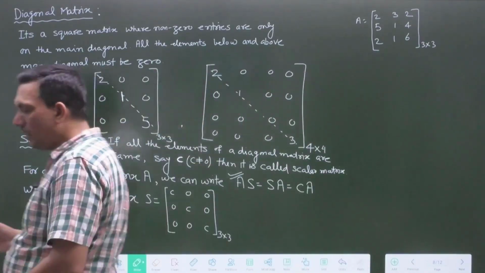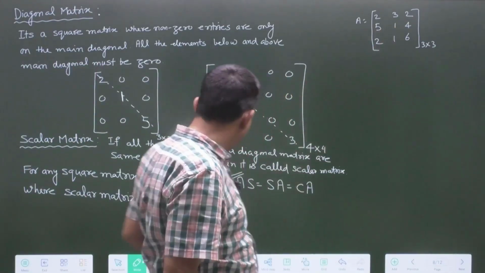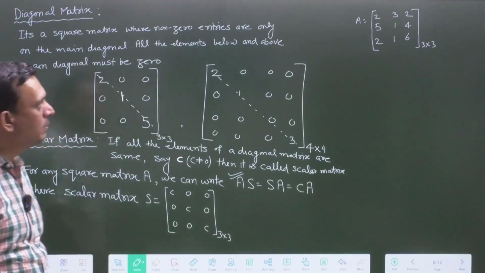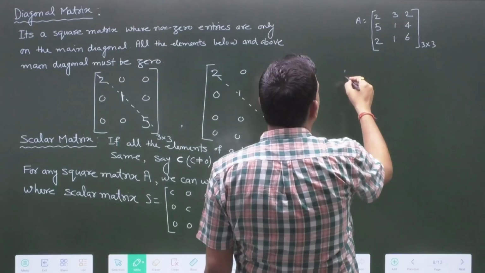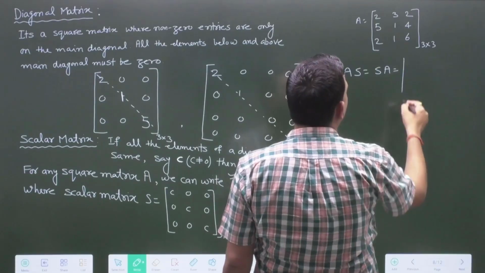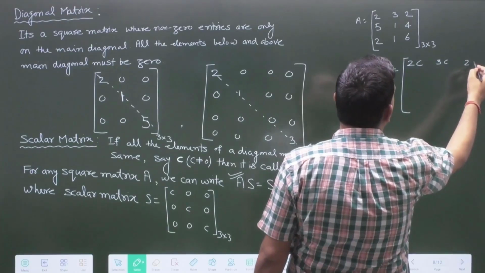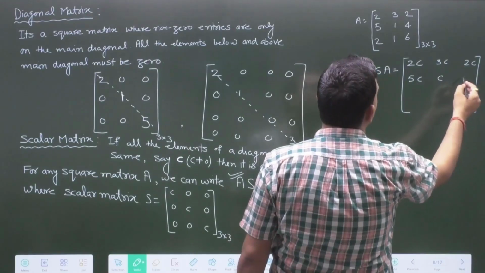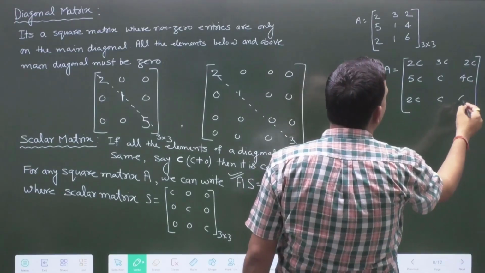So let's multiply with S and check this condition. S you have to take as a scalar matrix of 3 cross 3. So let's multiply. If you multiply AS or SA, that will be given by simply check this value: 2C, 3C, 2C, 5C, C, 4C, 2C, C, and 6C.